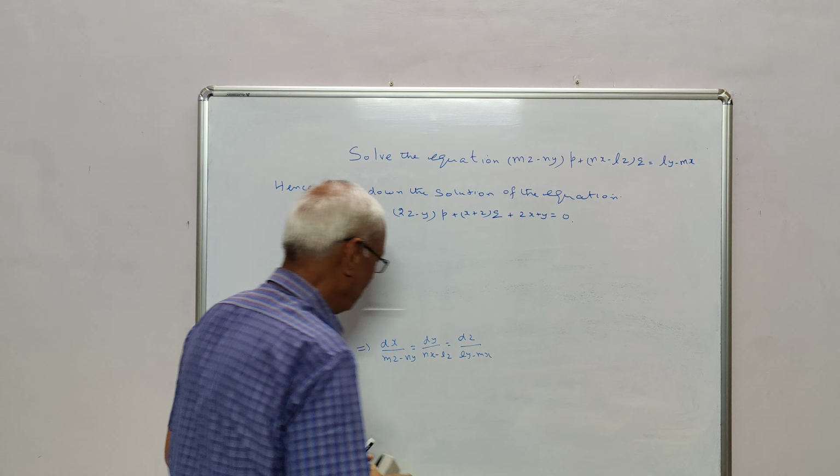If you integrate, the integration of 0 is nothing but a constant, because differentiation of a constant is 0, so the integration will be a constant. So on the right hand side we can straight away write a constant.